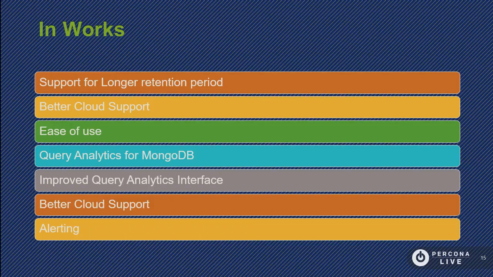Even now we have a lot of folks getting PMM up and running for a couple of instances in 15 minutes. So it's not that bad, but we really want it to be easier, especially for folks who are not very familiar with things such as Docker, or even the command line, right?